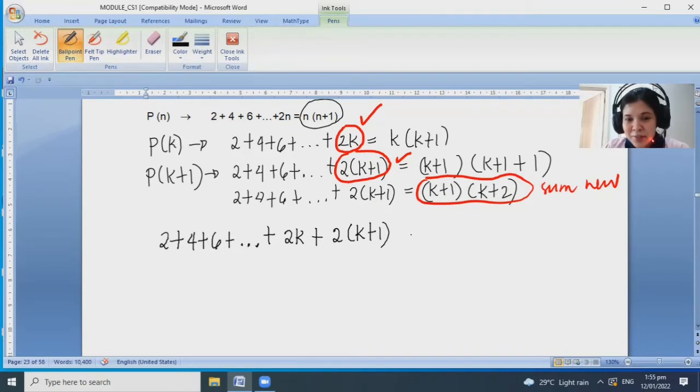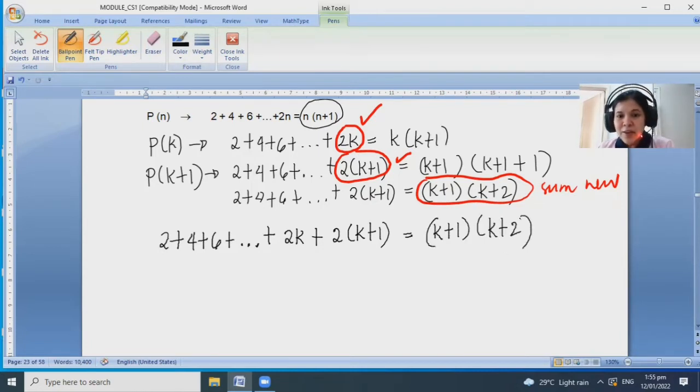Is equal to yung bagong sum, which is k plus 1 times k plus 2. Okay? So, dalawang in-encircle ko na may check dun sa left side ng equal sign. Pinagsunod ko lang sila. As I was saying, yung 2k, ito yung second to the last. Itong 2 times k plus 1, ito yung last in the series, in our arithmetic series.